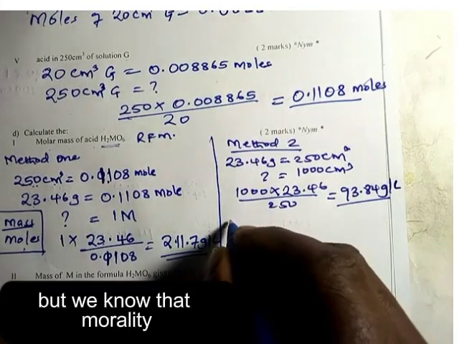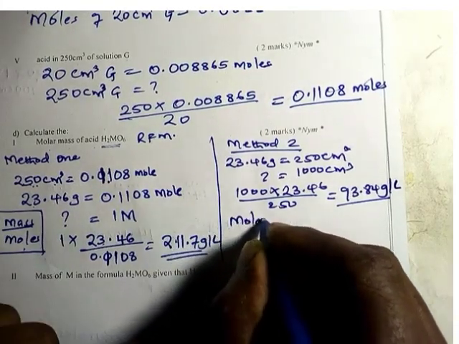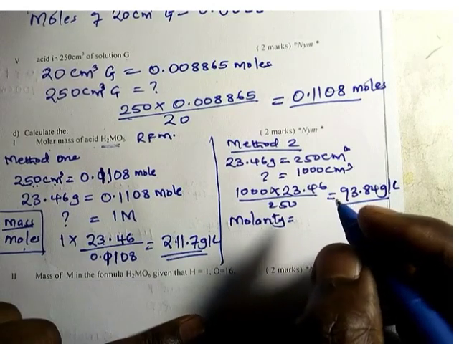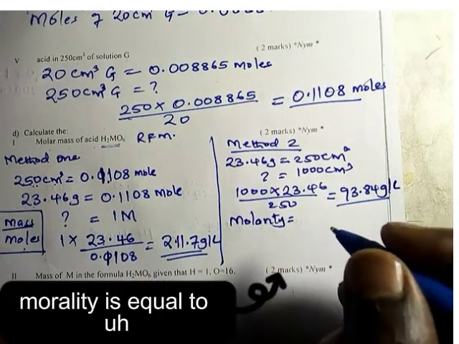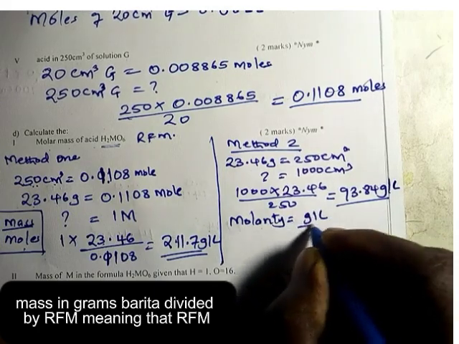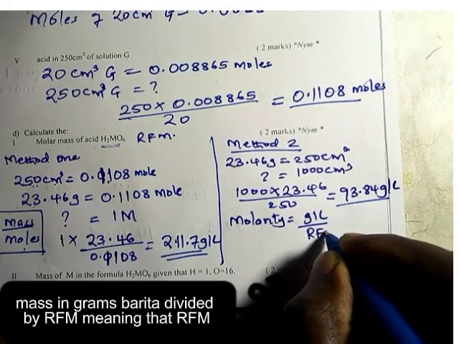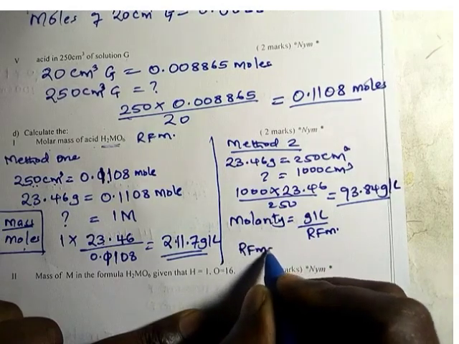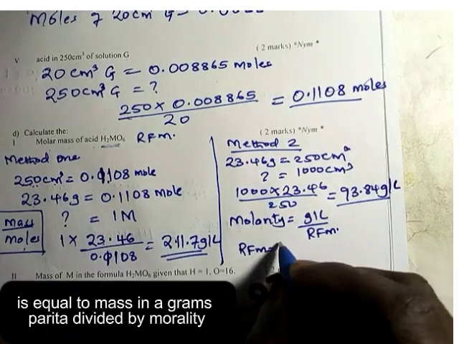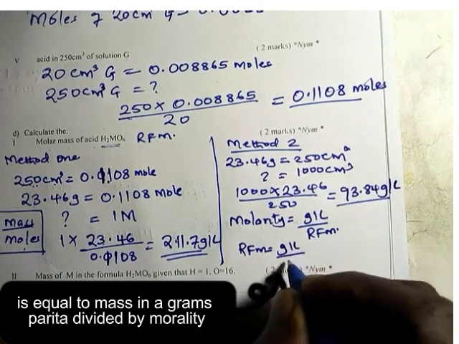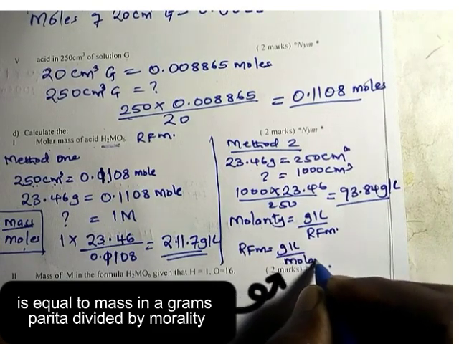But we know that molarity is equal to mass in grams per liter divided by RFM, meaning that RFM is equal to mass in grams per liter divided by molarity.